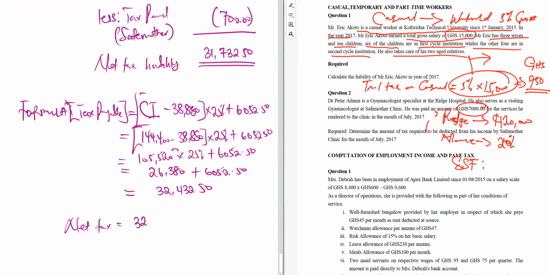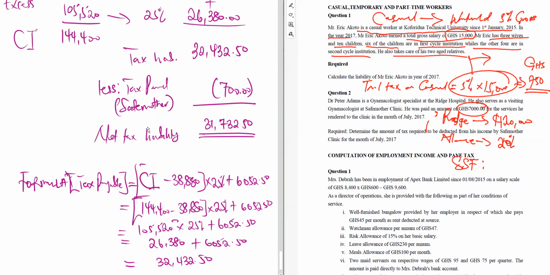Our 32,432.5 minus our what? Our 700 cedis paid as safe mother. Do you all agree? And that will end up giving us 31,732.50. Makes sense.